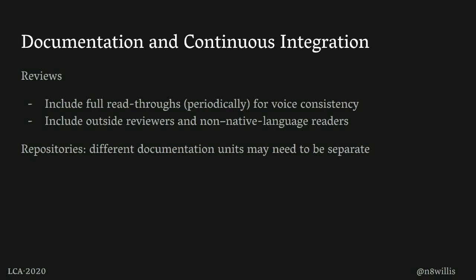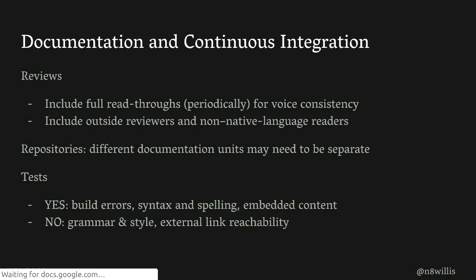HarfBuzz has this issue. There are different doc generators for different types of content. The inline code is GTK-Doc because HarfBuzz comes from the GNOME project. The user manual is something else entirely. And I would like to think there's a solution to that. So if you have advice on how to overcome these issues, by all means, let me know.